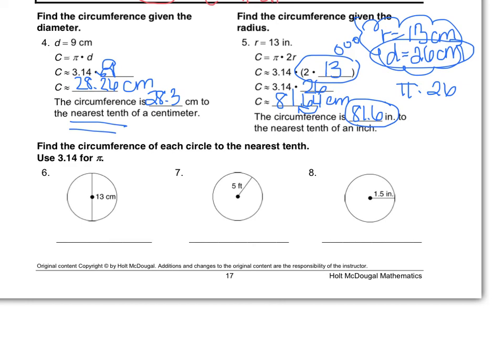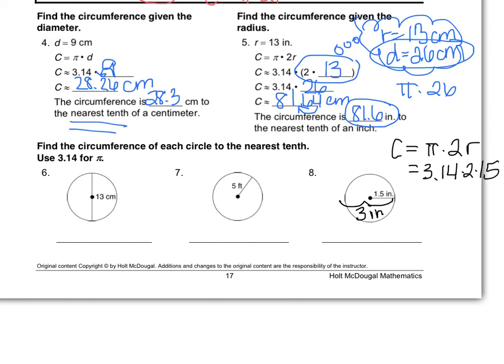All right, so number 8, I know my radius, so I'm going to use the equation c equals pi times 2r. Since the radius is 1.5 inches, I'm going to double that and figure out that 1.5 plus 1.5 would be 3 inches. 3.14 times 2 times 1.5.